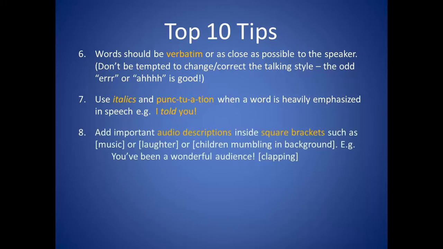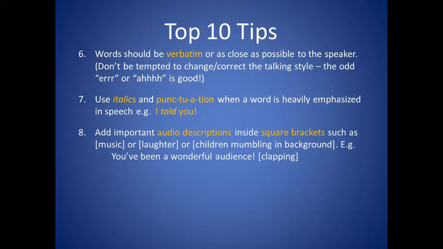Number 8. Add important audio descriptions inside square brackets, such as music, laughter, children mumbling in background. And you can put that straight after the bit of dialogue. For instance, you've been a wonderful audience, [clapping]. Okay, so you're describing the audio environment.